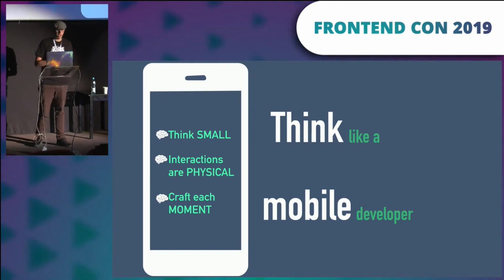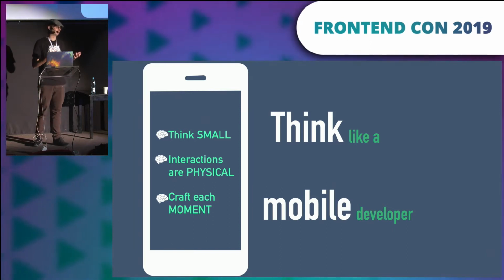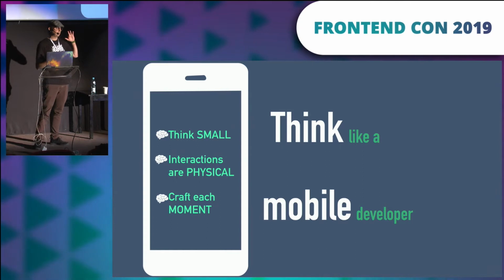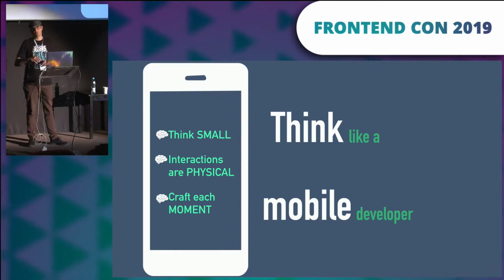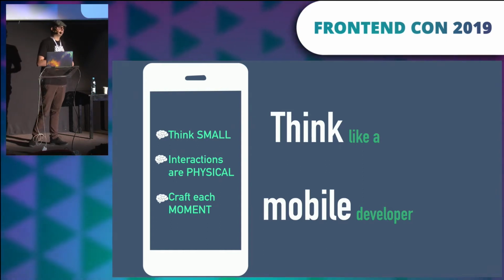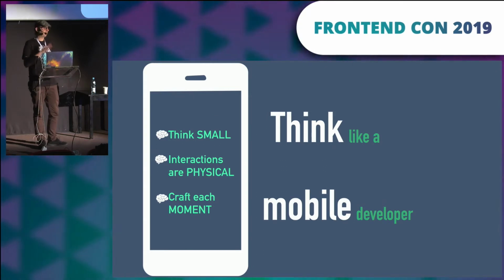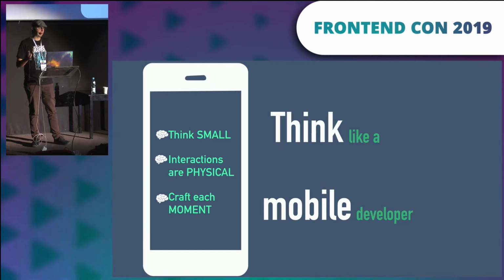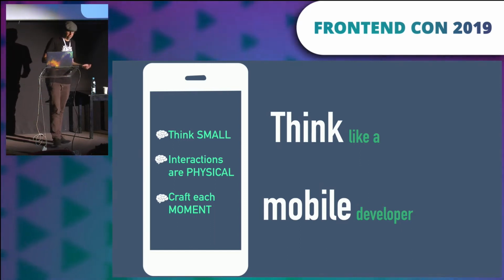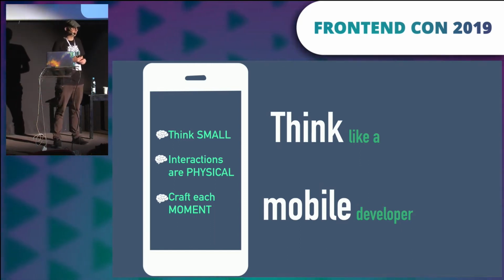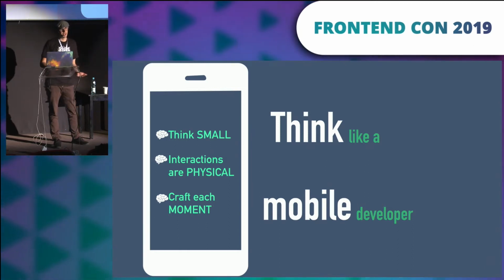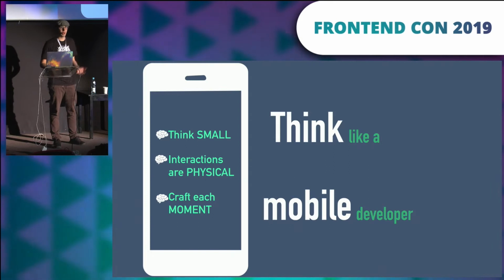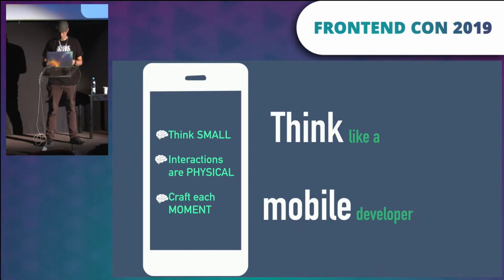So also, each moment has to be special. On a web application, we are kind of used to when we submit a form, the page reloads, or when we click a link, everything will be kind of messed up for a couple of seconds, and that's fine. Of course, as we have heard many times today, our expectations about web applications have been rising, which is good.